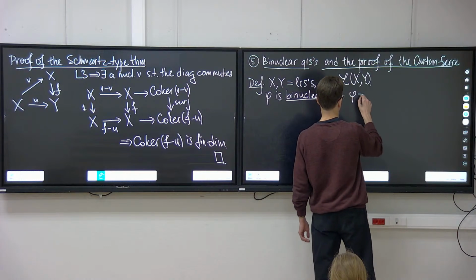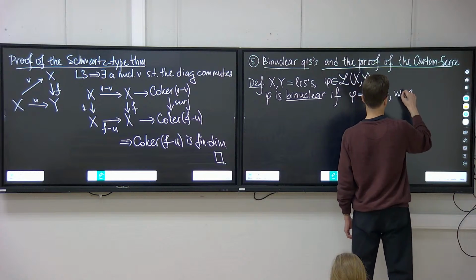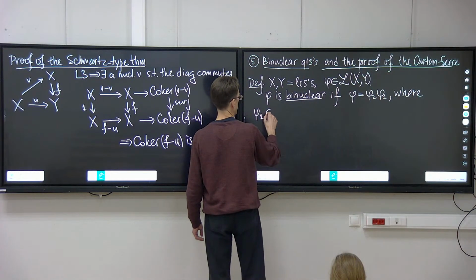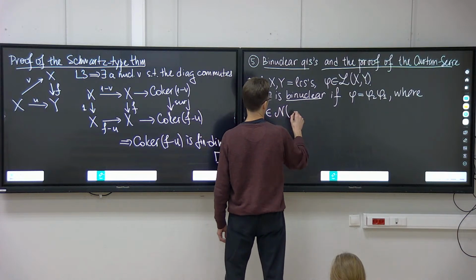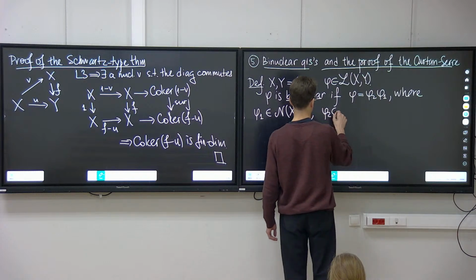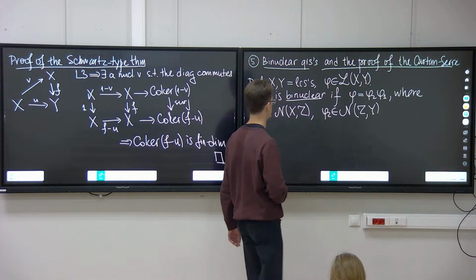If phi equals phi2 composed with phi1, where phi1 is a nuclear operator from X to some locally convex space Z, and phi2 is a nuclear operator from Z to Y.